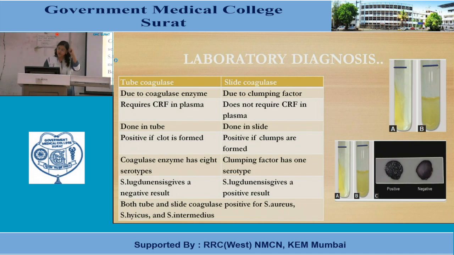For tube coagulase, we take 1 ml of plasma diluted 1:6, and staphylococcal colonies are emulsified in this 1 ml of diluted plasma, and then it is put in for incubation.